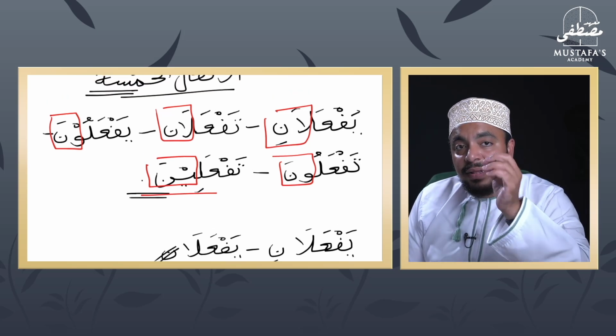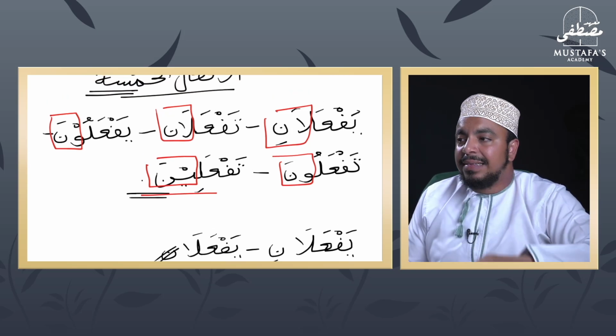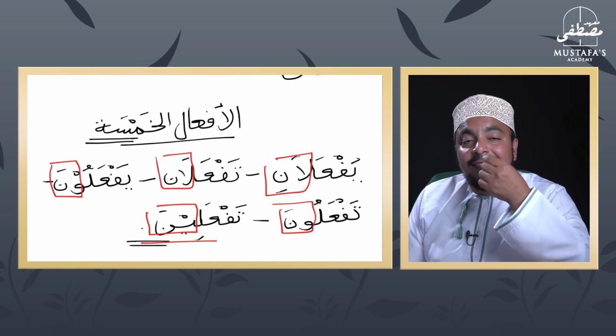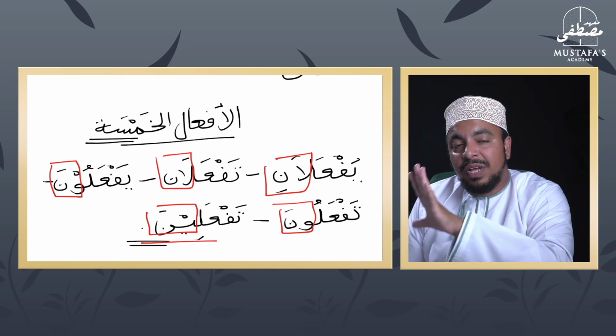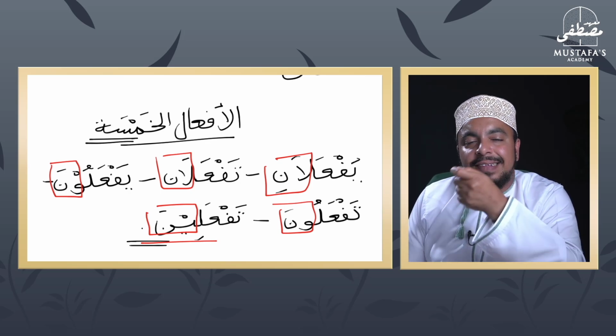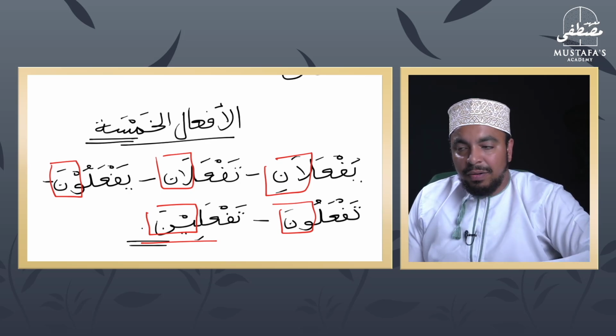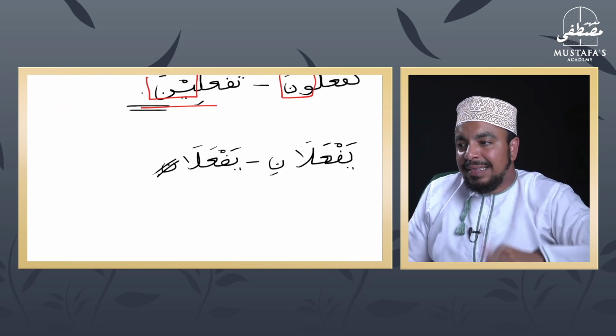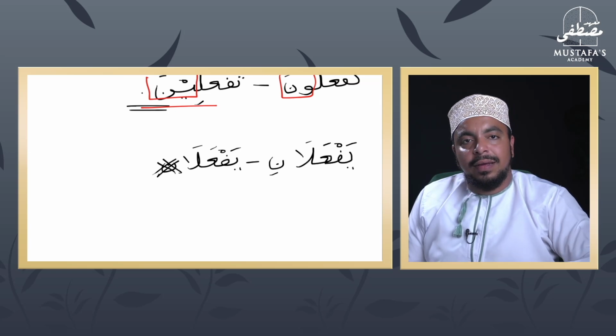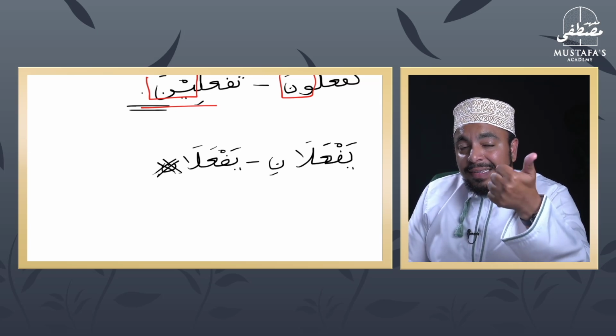That's why we say in this case, the sign for these five types of verbs is the existence of the noon. The sign of its i'rab is the existence of the noon, because in other cases the noon doesn't exist. The sign of it in other cases is what?